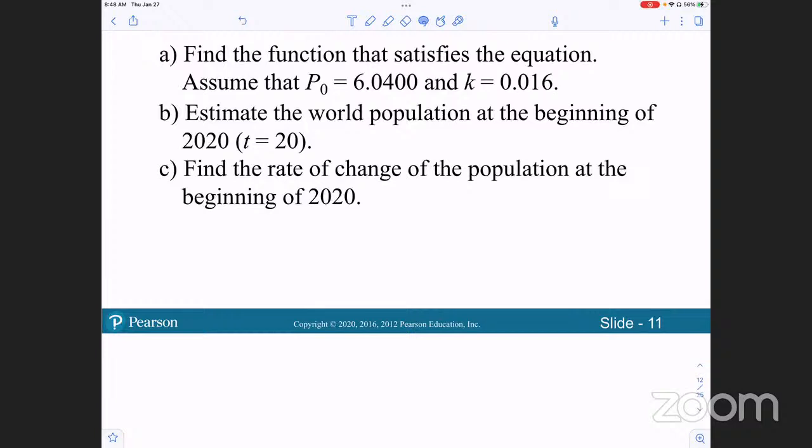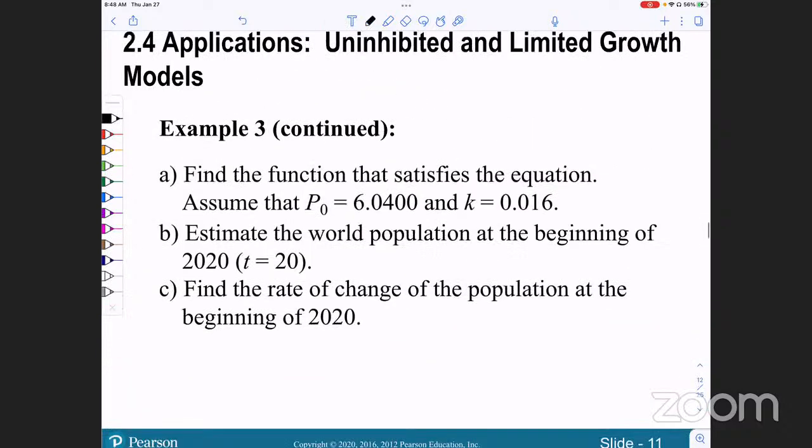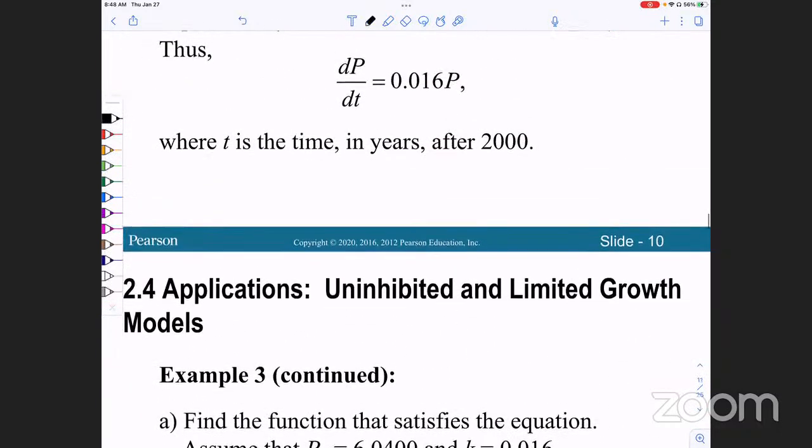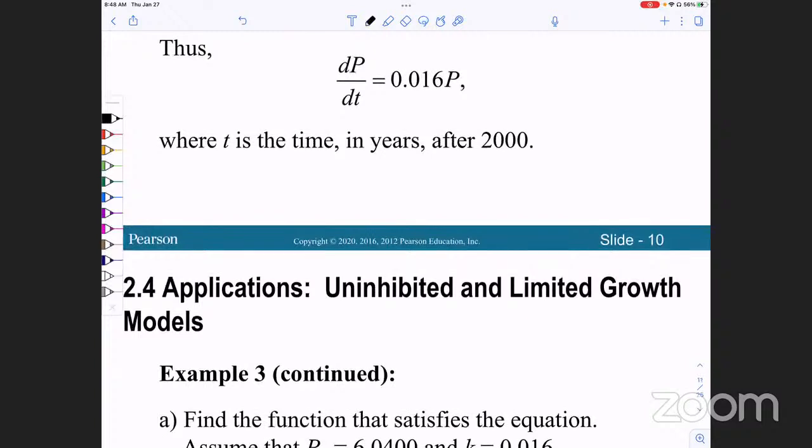And find the rate of change of the population at the beginning of 2020. dP/dt is 0.016 times P. So we can use that theorem 9.